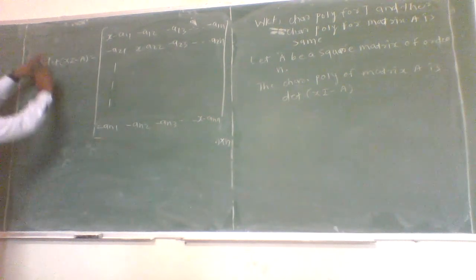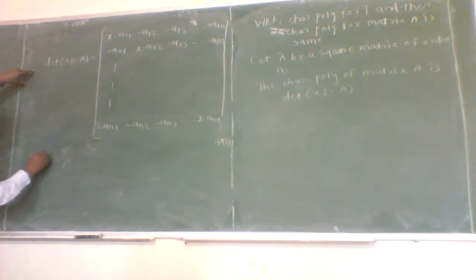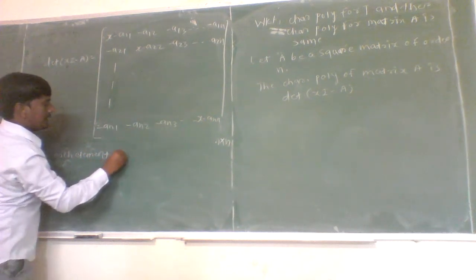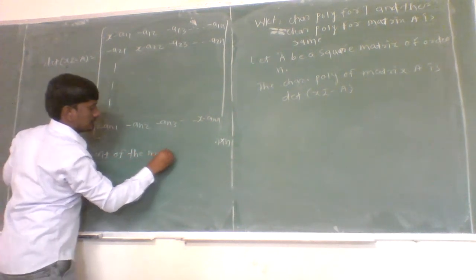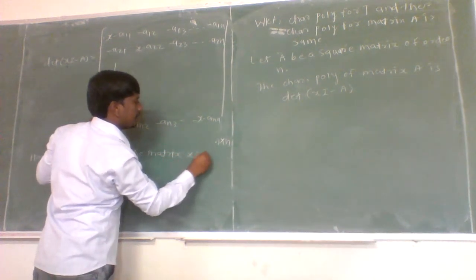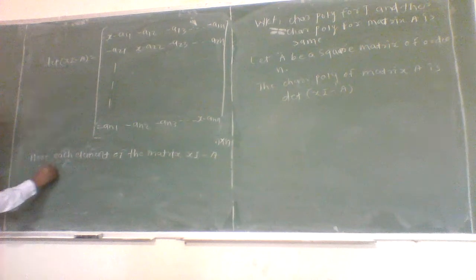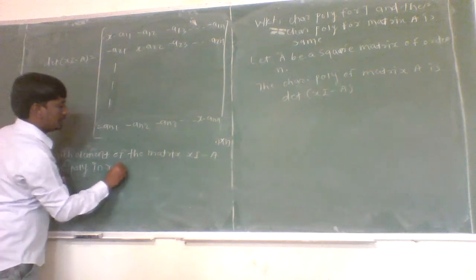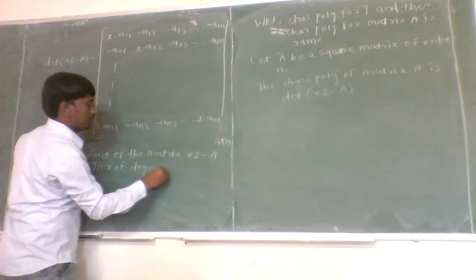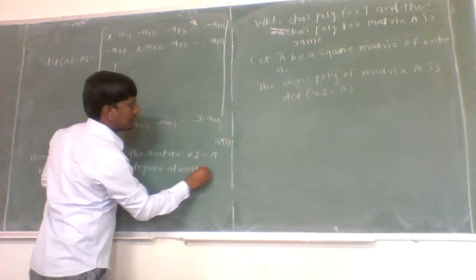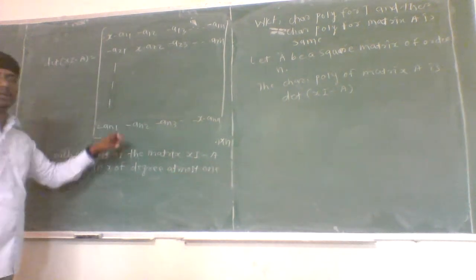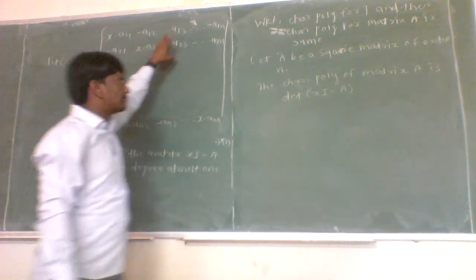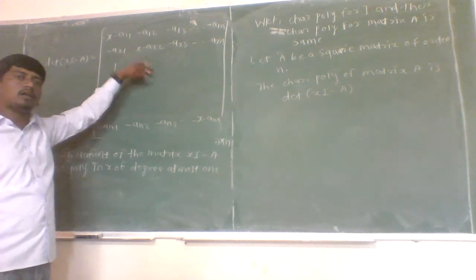Now each element of the matrix xI minus A is a polynomial in x of degree at most 1. Some elements are polynomials and the remaining are constant terms, so the degree is either 1 or 0.